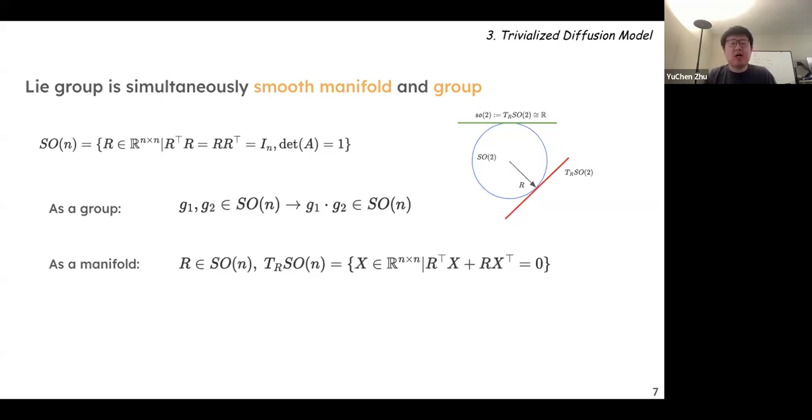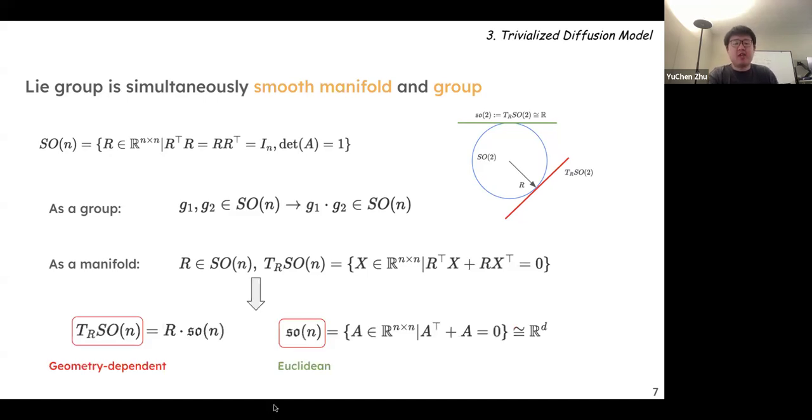But other than that, we can also perceive it as a manifold. For an element R that belongs to SO(n), we can in fact define the tangent space, the geometric object of this manifold at position R, which again is a set of n by n matrices satisfying different constraints. These two structures combined lead to interesting results. That is, we can decompose the tangent space of this Lie group at position R into two simple expressions combined together.